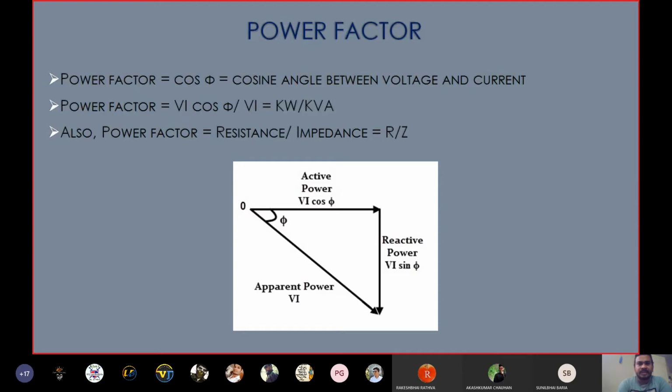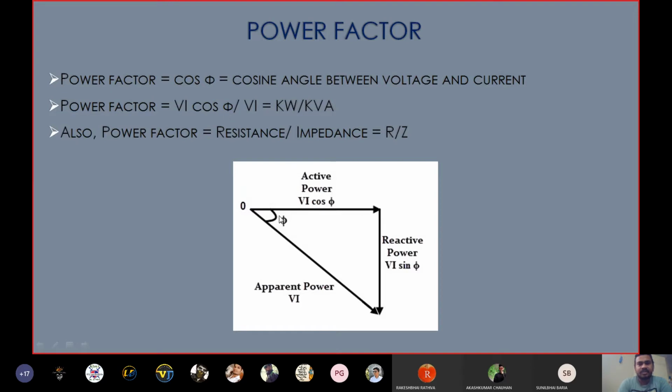That is, this active power is equal to... how can we define power factor? Power factor is equal to VI cos phi, that is this active power, divided by VI.